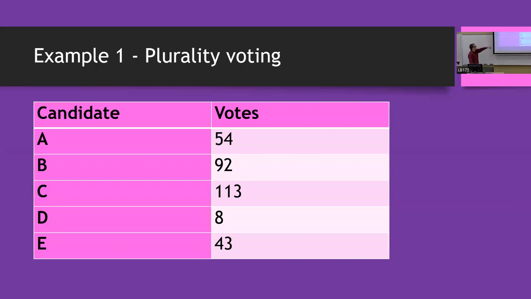So if we had this example, for instance, and we have 5 names on the ballot, person A, person B, person C, person D, person E, and they're all running for the same office. C gets the most votes, so C wins, right? C wins.